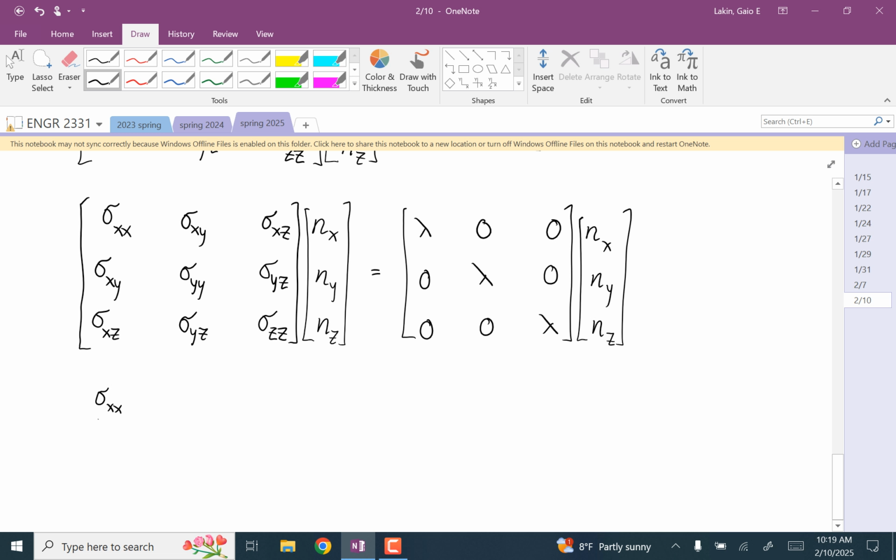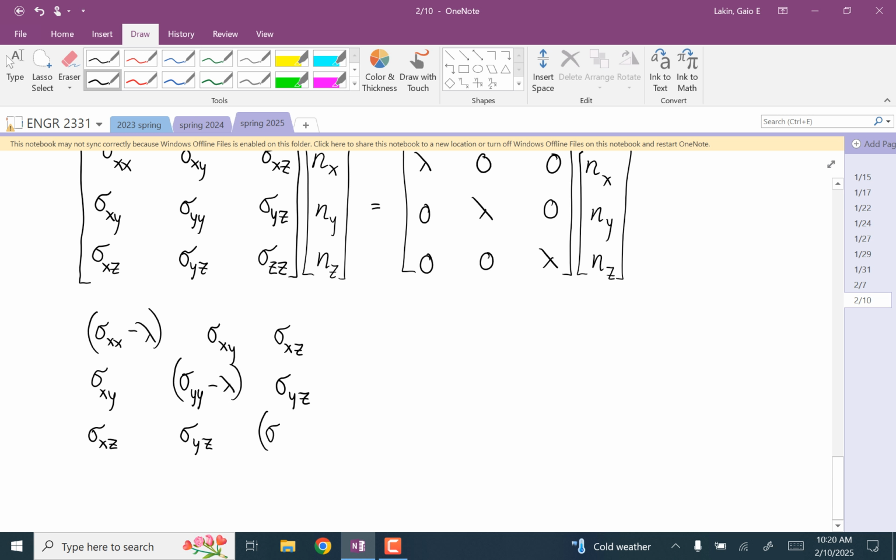the element sigma xx minus lambda there. Then sigma xy, sigma xz, sigma xy. Now for the next component, again, we have sigma yy minus lambda, sigma yz, sigma xz, sigma yz, and then this component is sigma zz minus lambda.